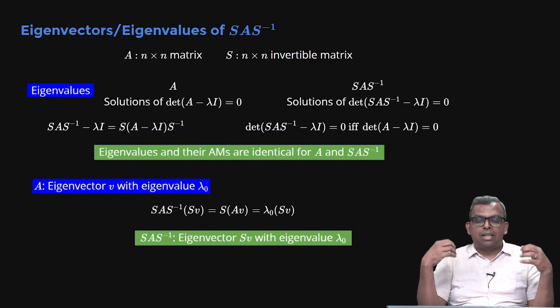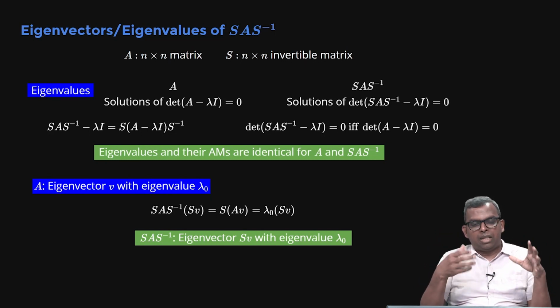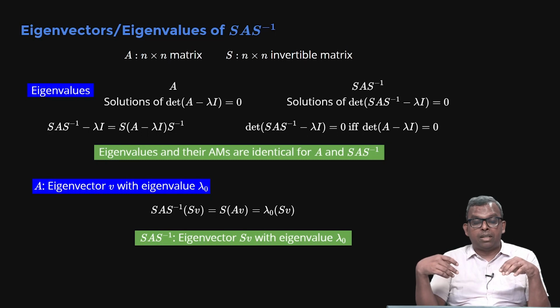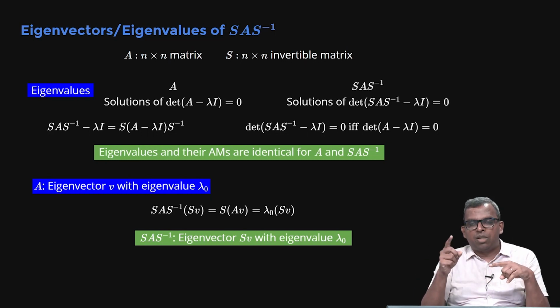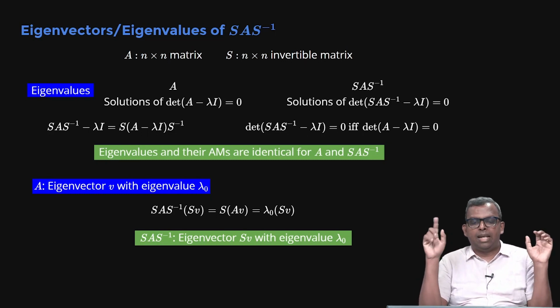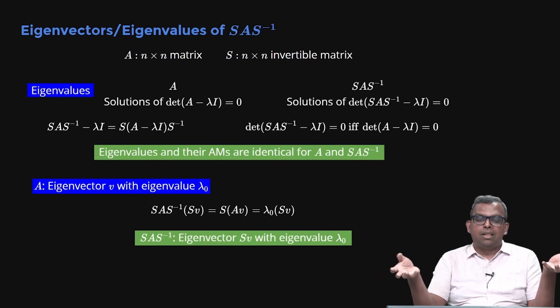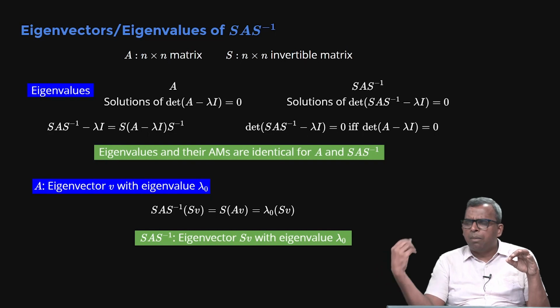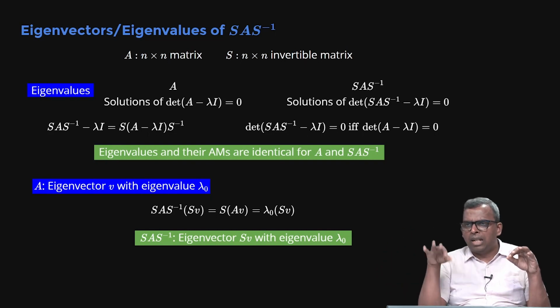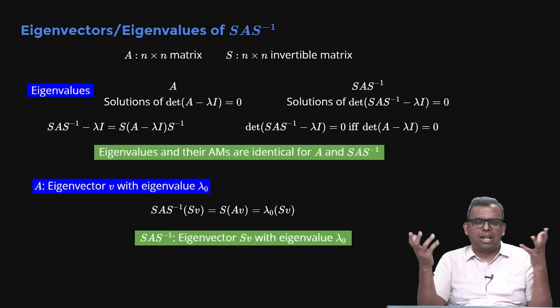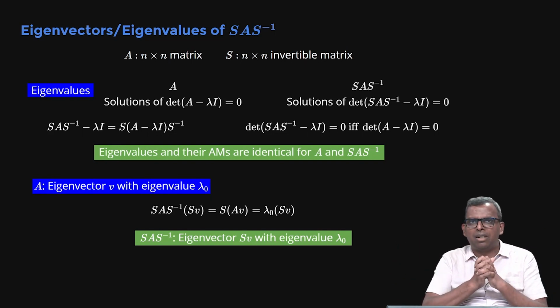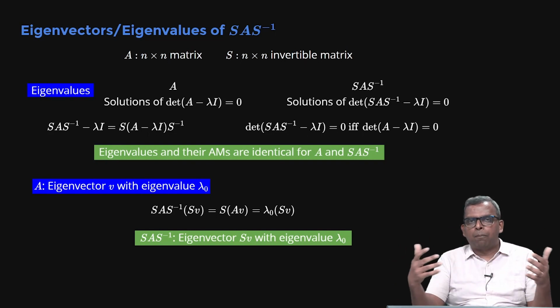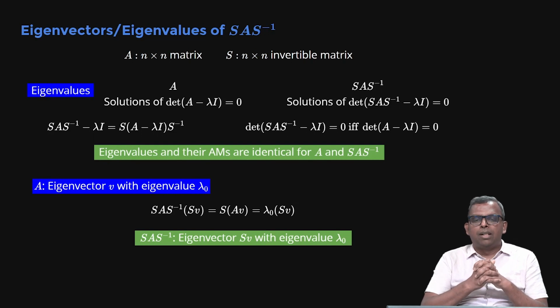S A S inverse and A have the same eigenvalues, same algebraic multiplicities and same geometric multiplicities, except the eigenvectors are changed by just multiplication by S. And S is an invertible matrix, so if V1, V2 are linearly independent, S V1, S V2 are also linearly independent. It's an invertible operation, so you get the same properties. All of them will be true.